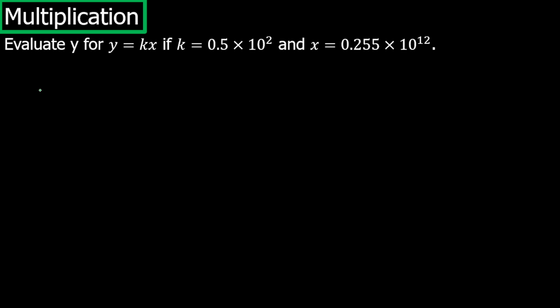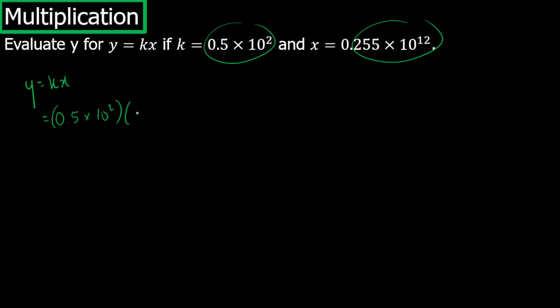What I mean by that is if you have y equals a times x, you can input these values. Let's say you have 0.5 times 10 to the power of 2, and then 0.255 times 10 to the power of 12.